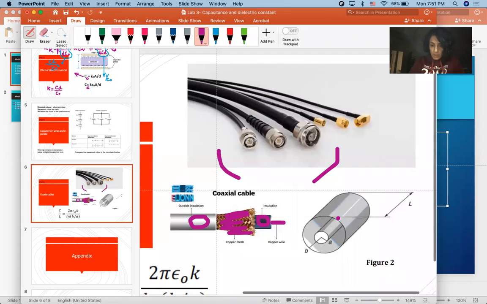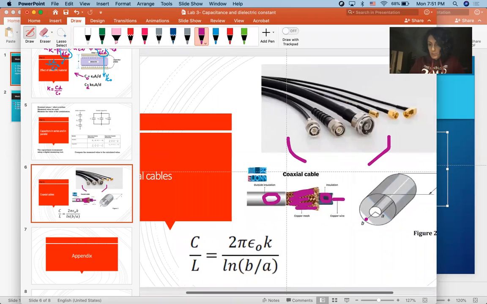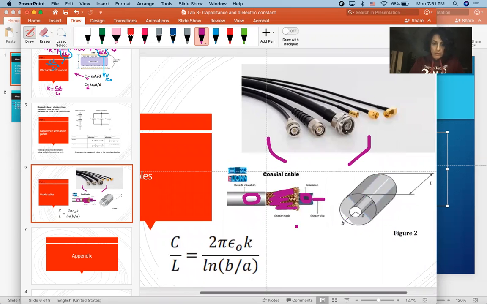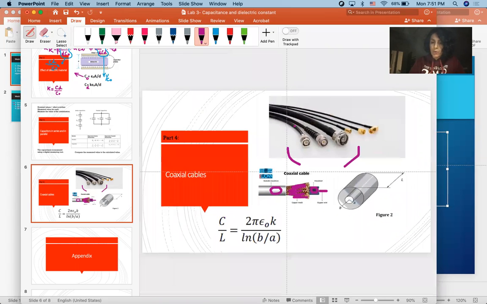You are given the small radius A, the big radius B, and the length of the wire. C is the capacitance of your cable, L is the length of the cable, K is the dielectric constant between the two cables, and B over A is the ratio between the different radii.